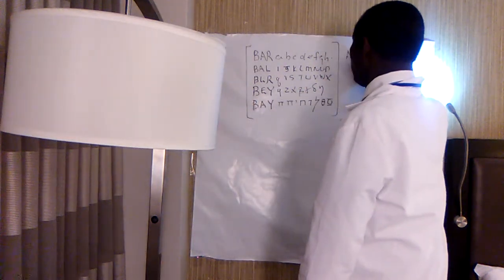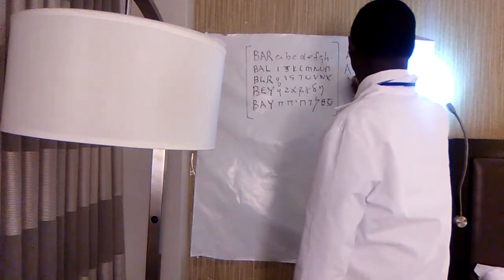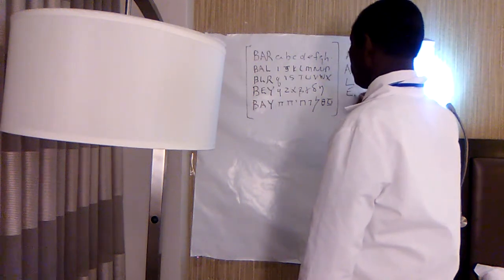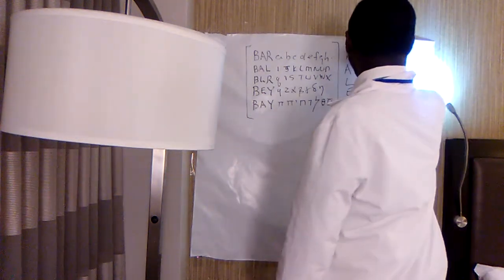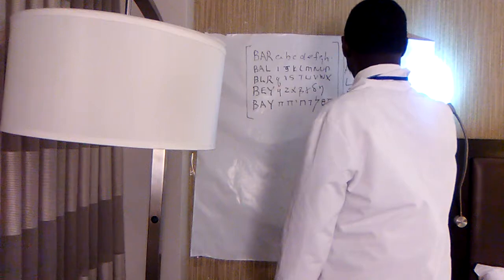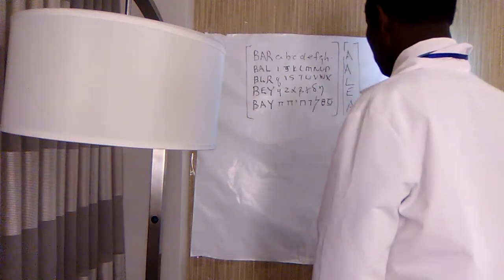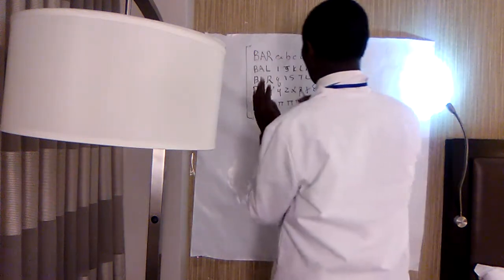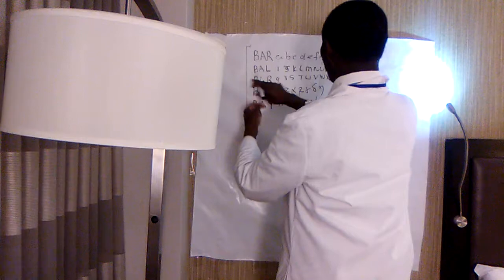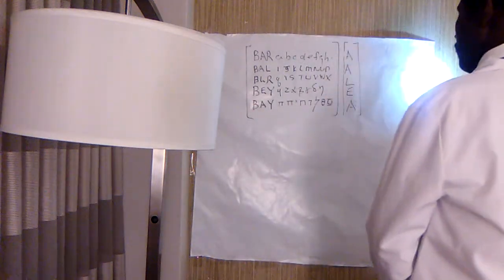And as usual, this would be A, L, E, and A. So what we have here is 1 barley loaf, 2 barley loaves, 3 barley loaves, 4 barley loaves, and 5 barley loaves.